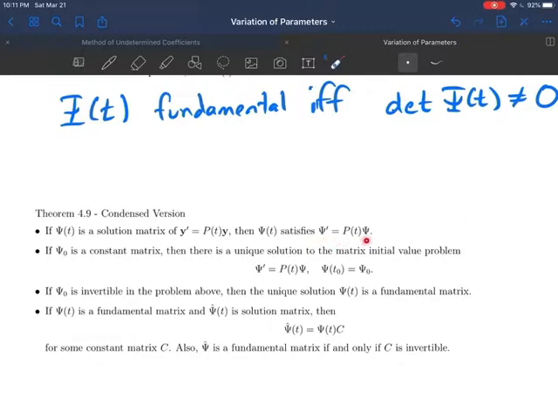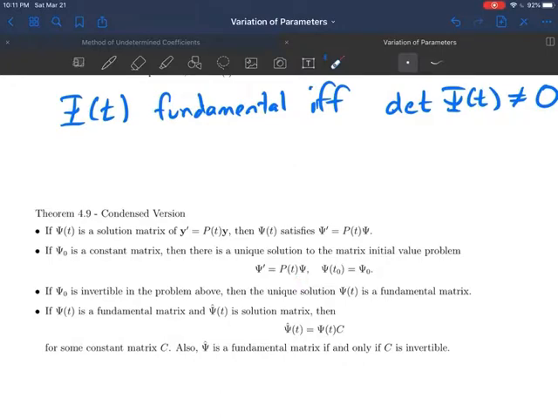Since that's a matrix differential equation, we can also have an initial value problem associated with it. If we pick an initial condition, C of 0 as a constant matrix, then there's a unique solution to this initial value problem, which looks just like the normal initial value problem that we have for linear systems, except now with matrices C instead of vectors y.